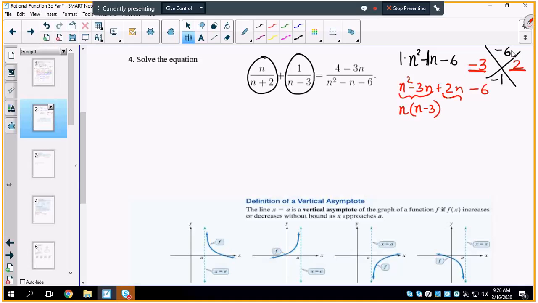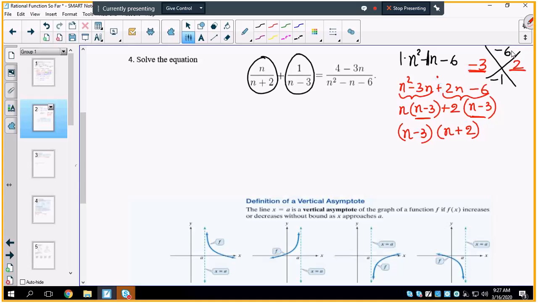Then from the second two terms, you can factor out a positive 2. Remember, I have to factor out this sign. If I take out positive 2, I get n minus 3 as well. So this is my common group of terms, which I will now factor out. And I will get n minus 3 times n plus 2. So I have factored the denominator.